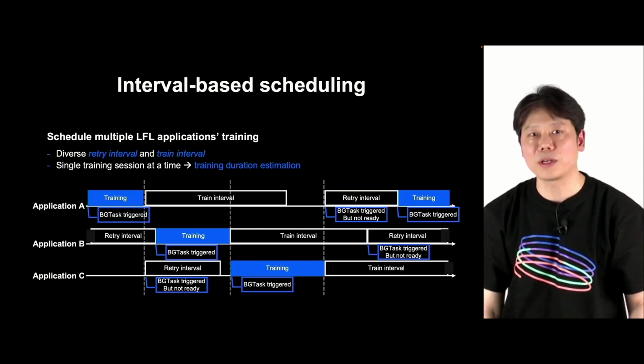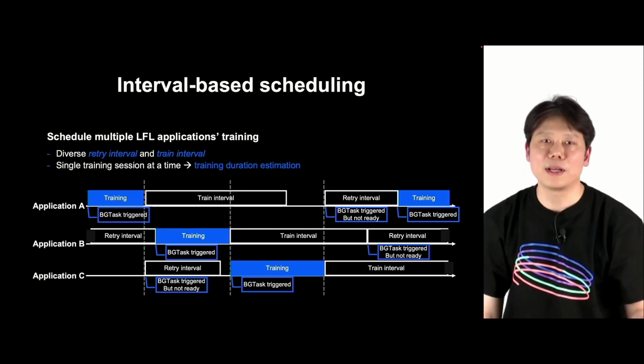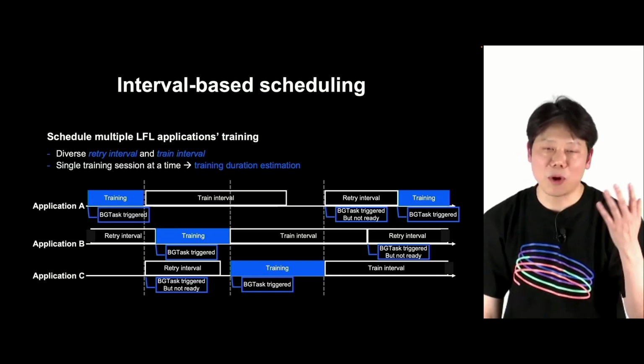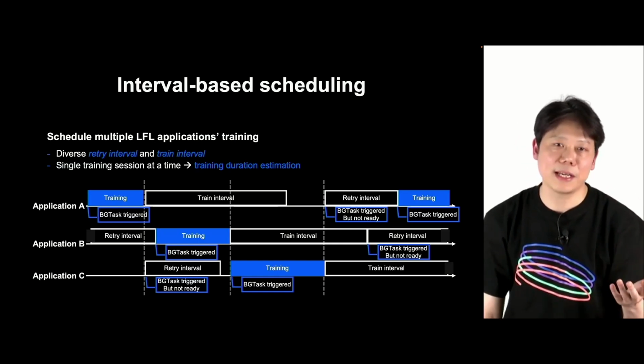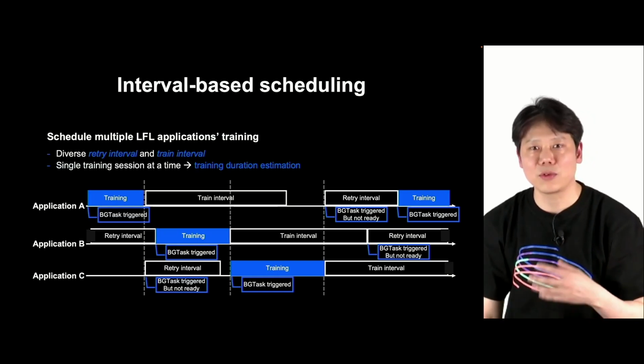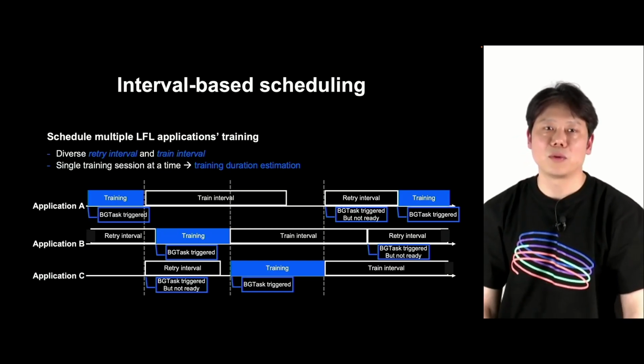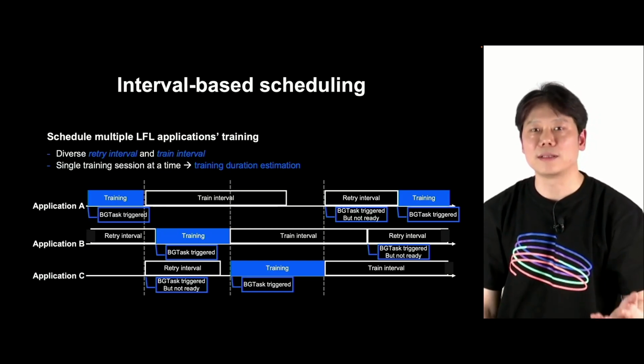Then let's see the case where there are multiple applications for learning. To schedule multiple application learning, we have to meet all the conditions such as retry interval and training interval for all the applications.